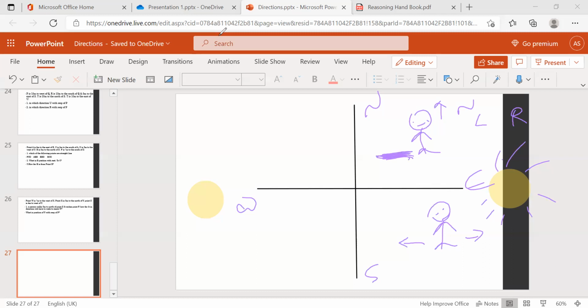And if the person is facing the south in the morning, the shadow is on his right side, the shadow will be here only, on the west. So if he is facing the south in the morning, this is right, this is left, important thing.